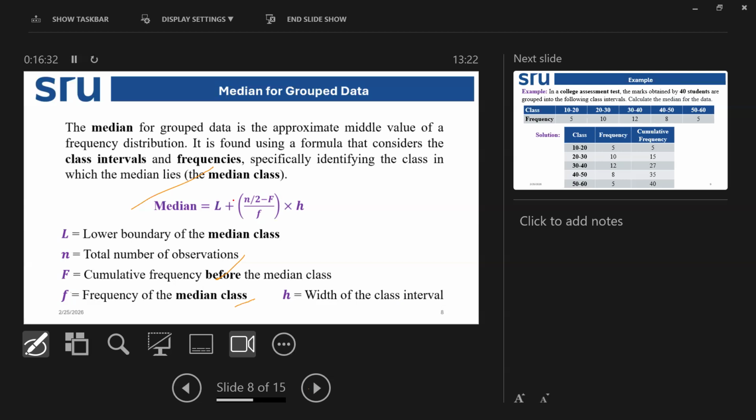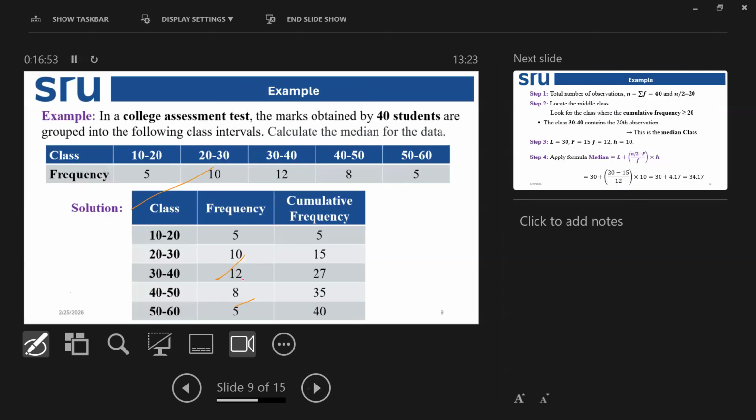Okay. Next. So what is L here? L is the lower boundary of the median class. N is the total number of observations, and capital F is the cumulative frequency before the median class. Suppose you identify the median class in the next slide. Let us say I assume the median is here.